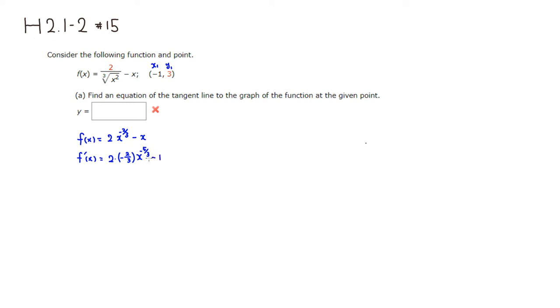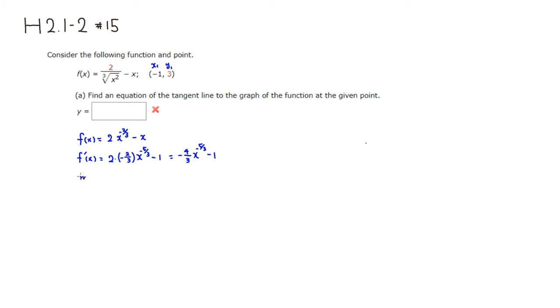So if you clean this up, you're going to get negative 2 times 2 is 4 over 3, and then you have x to the negative 5/3 power and a minus 1. So let's find the slope.